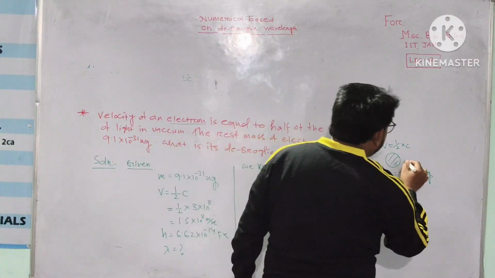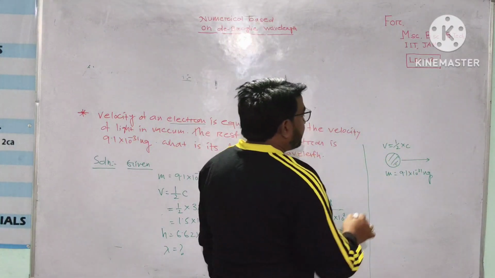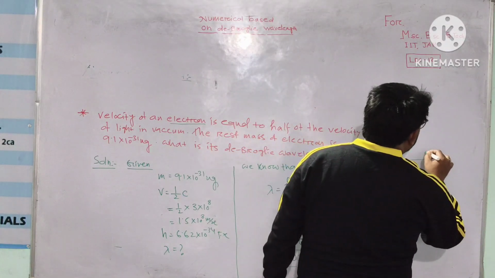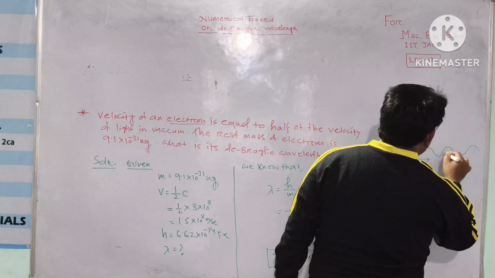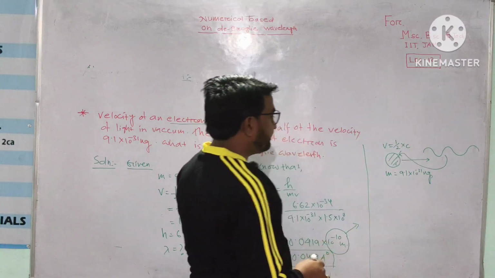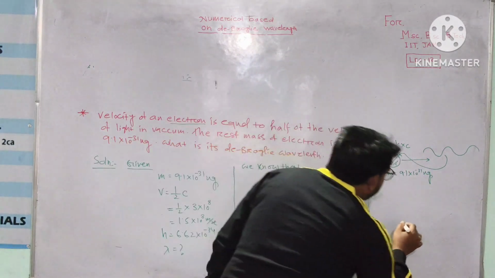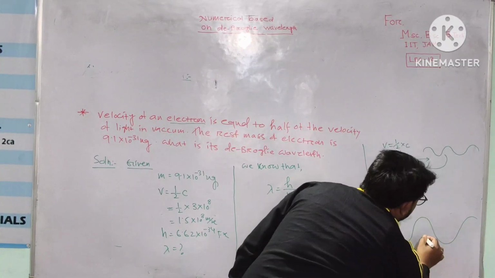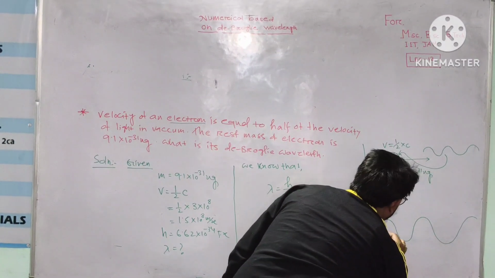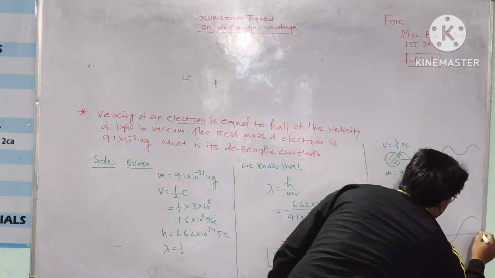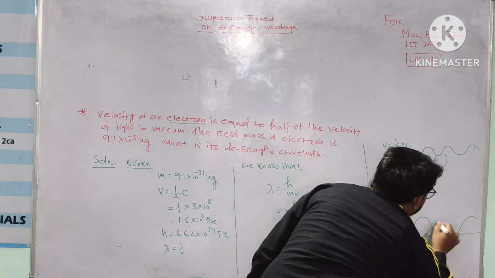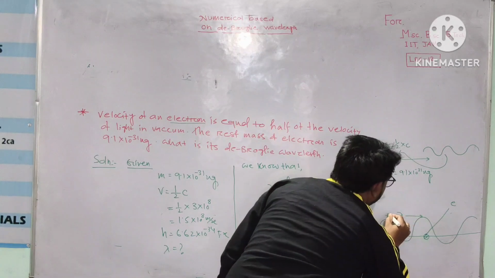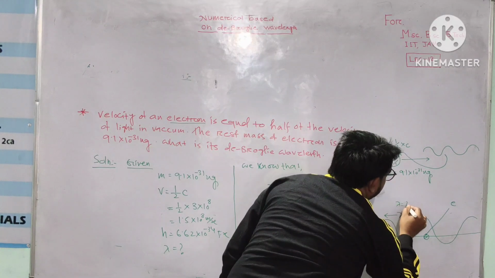When the electron moves with a speed equal to half the speed of light, how much wavelength is associated with the electron particle? Suppose this is a de Broglie wave, and this particle is the electron. So in this case, how much wavelength?